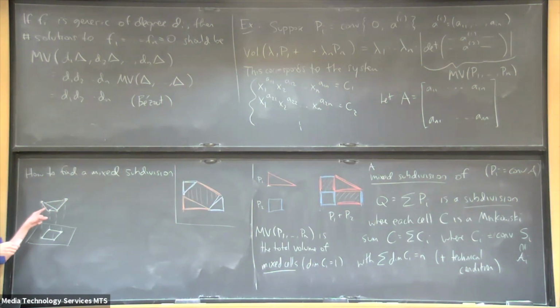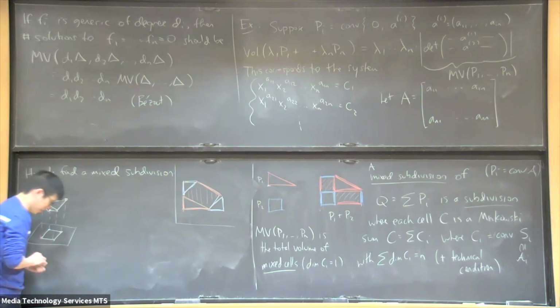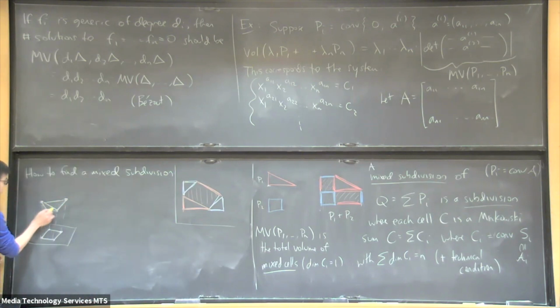So if I take the ones which are on the bottom, in this case this face here and this back face here, and I project them down onto the bottom, it'll give me some kind of decomposition of this polytope downstairs. Basically what I've done is assign to each point some number, the height, and I've gotten out of this some subdivision of this polytope downstairs.